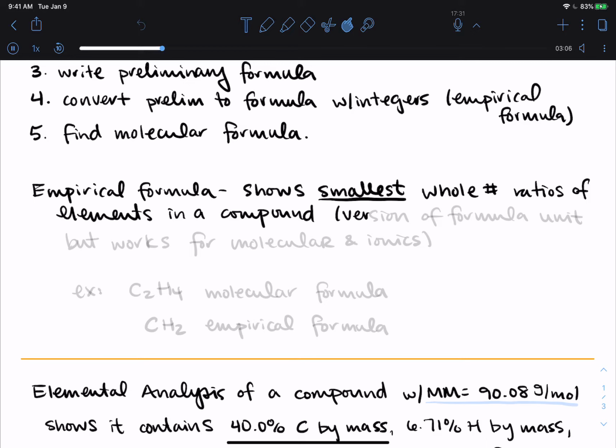So this is kind of like what we talked about when we talked about formula units. But it works for molecular and ionic compounds.